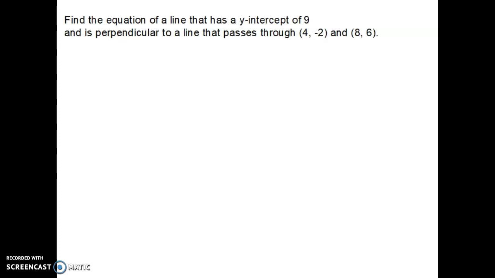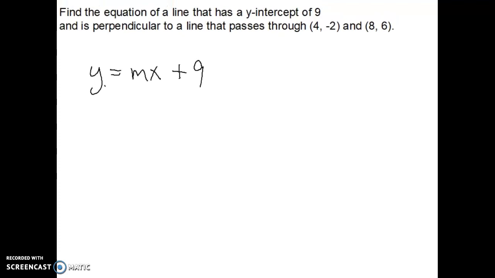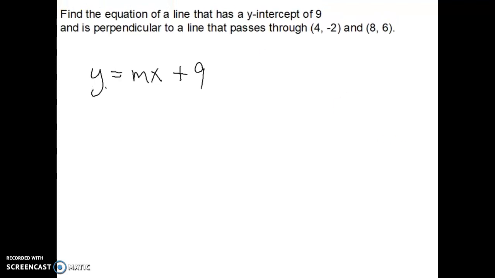So I know that I can write y is equal to mx plus 9, because we know that it passes through the y-intercept at 9. The only problem is we don't know what the gradient is.